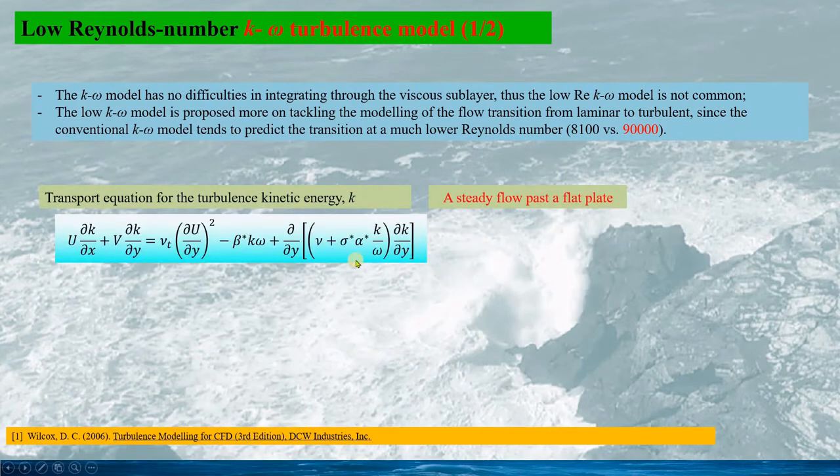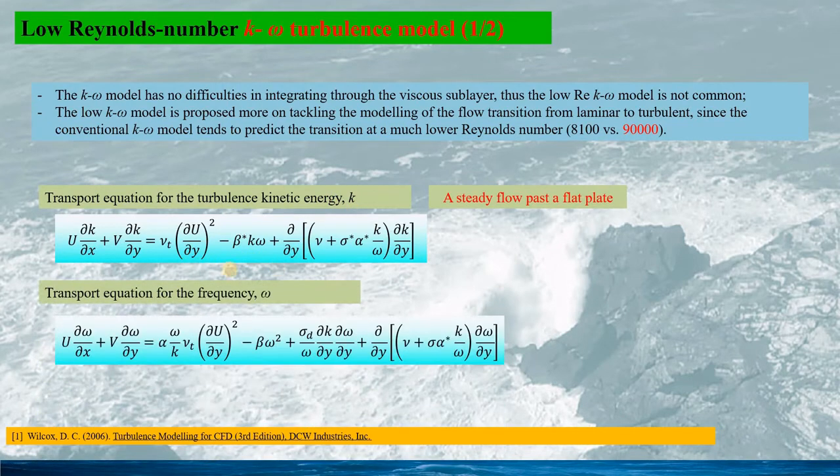The transport equation for a steady flow past a flat plate. The transport equation for the kinetic energy K is given in this form, and the transport equation for the frequency omega is given as this. These two transport equations are basically different from the conventional K-omega turbulence model.